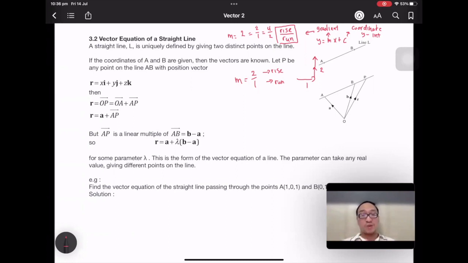So with this analogy, I can have the equation of the line in the form of vector formula. So the gradient here will be the vector, in this case the direction vector.